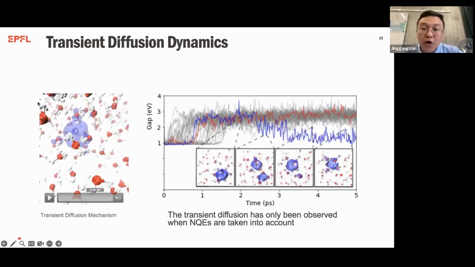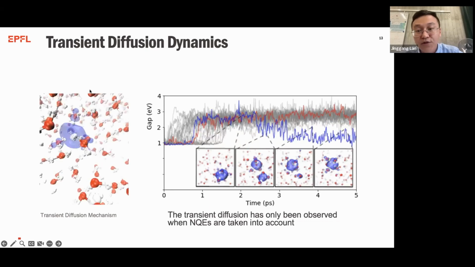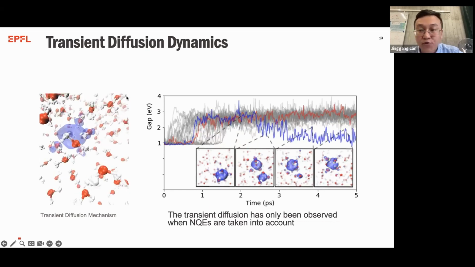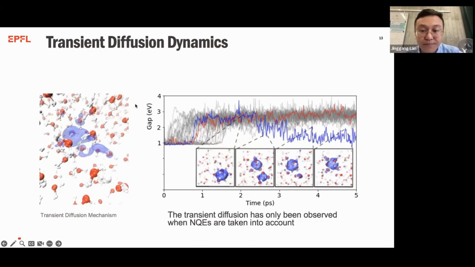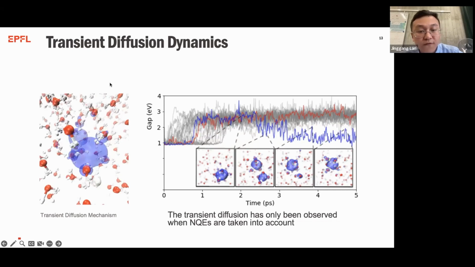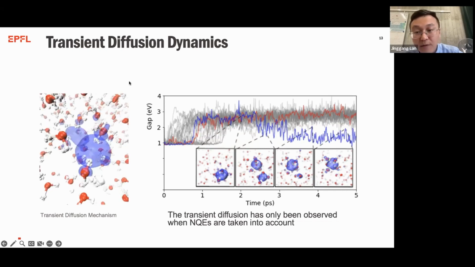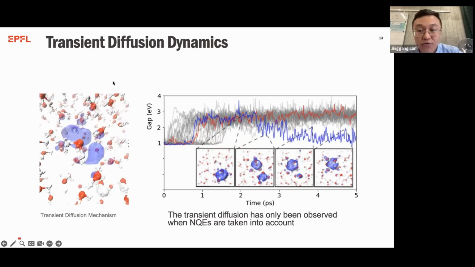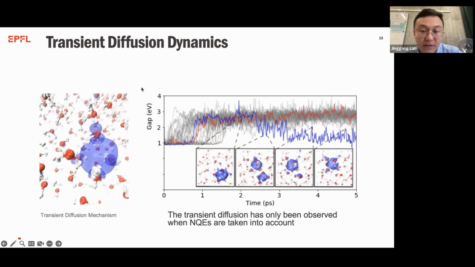The inclusion of nuclear quantum effects reveals a new diffusion mechanism, a transient diffusion of the solvated electron. The transient diffusion mechanism is characterized by a twin cavity intermediate. This diffusion mechanism is rather rare; out of 50 individual molecular dynamics runs, we only observe this transient diffusion happen a few times.